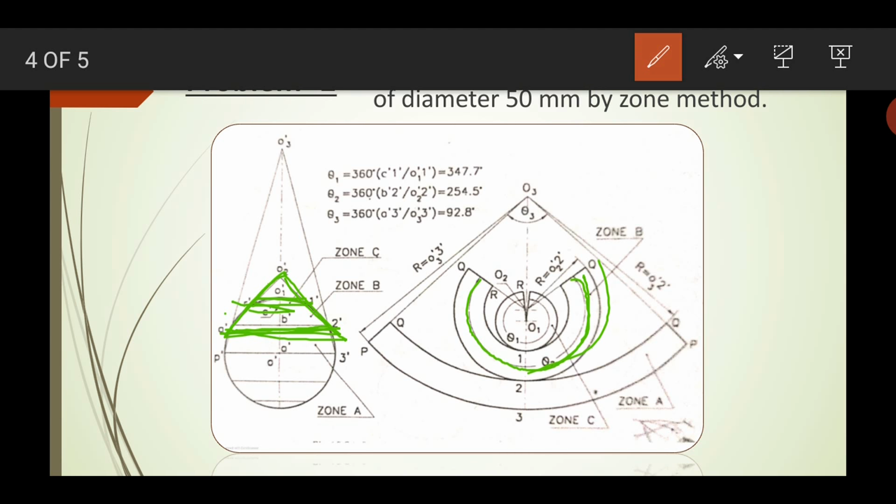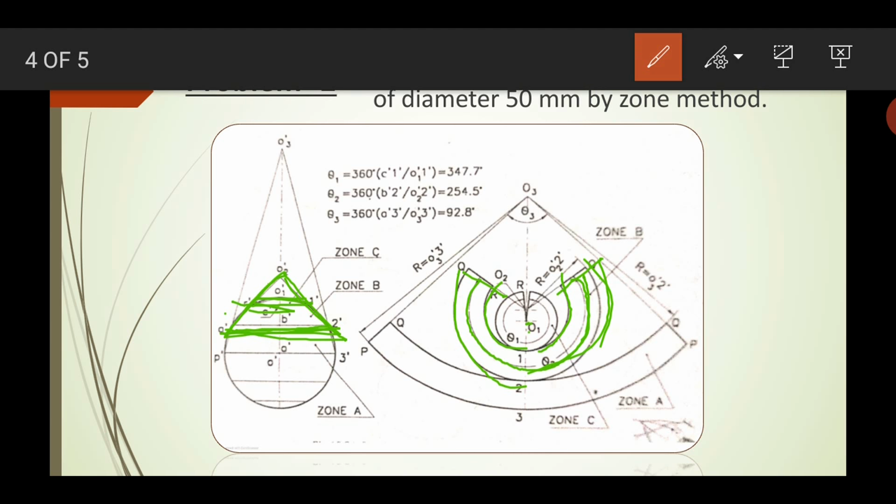Now you have to draw this Q and R here and PQ here, so you will get a shape like this. Using the theta 2, now complete it and locate the centers O1, O2 and O3.